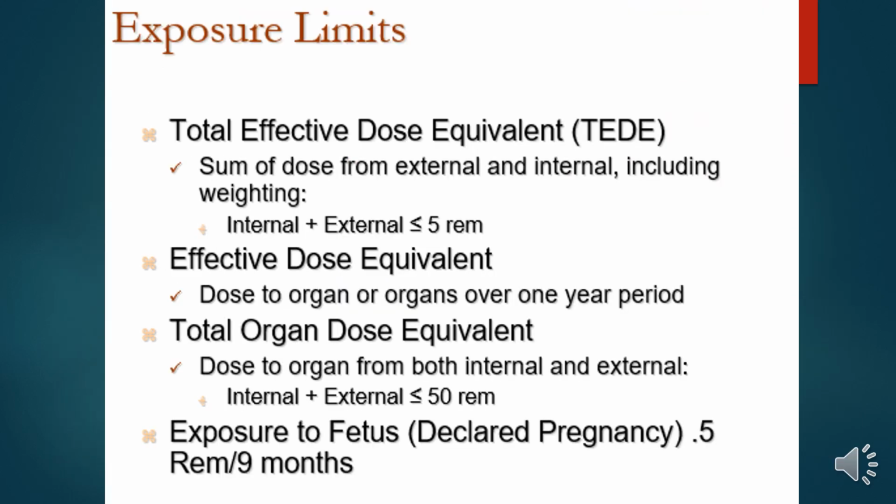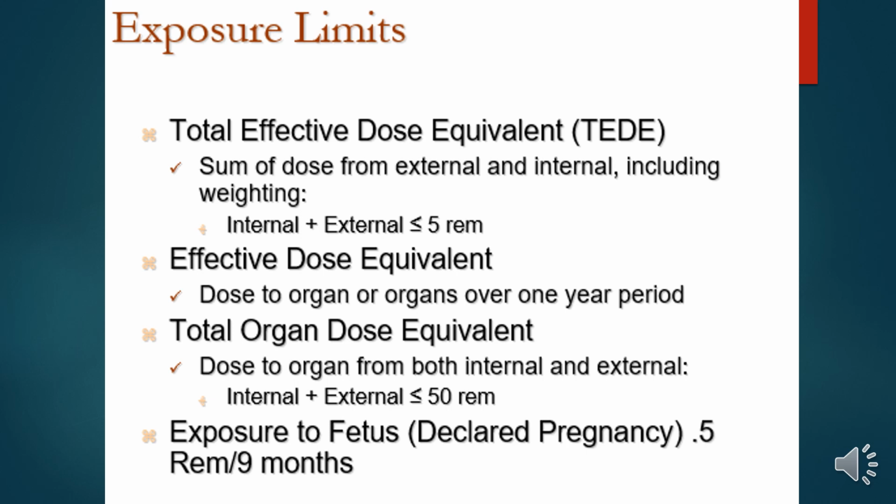So let us see what exposure limits have been given to be followed. Total effective dose equivalent, which is indicated as TEDE, is the sum of dose from external and internal sources including weighting. It must be less than or equal to 5 rem.